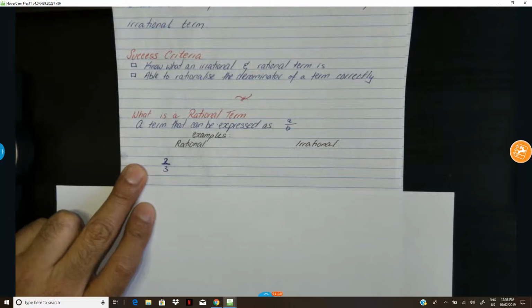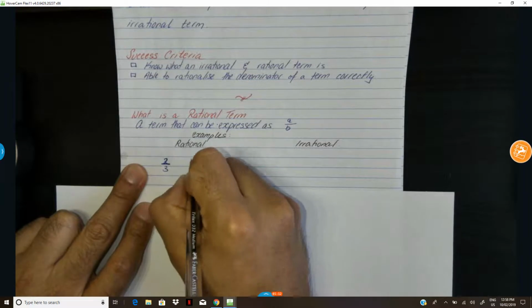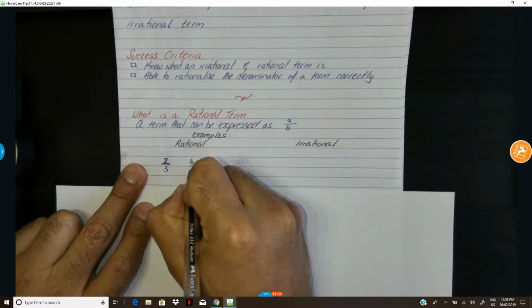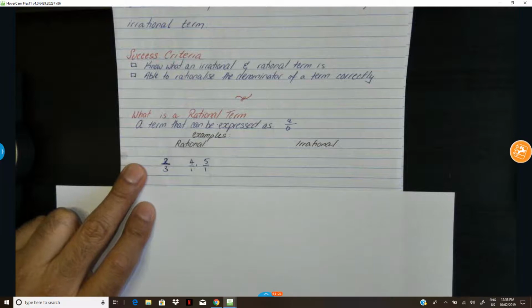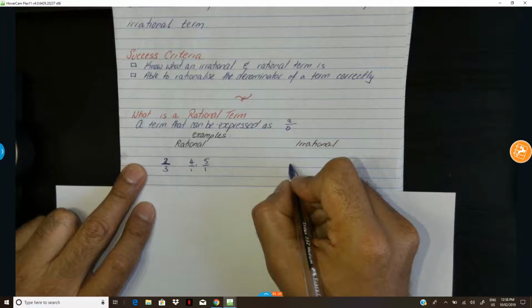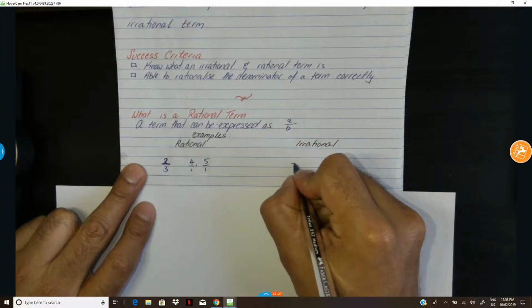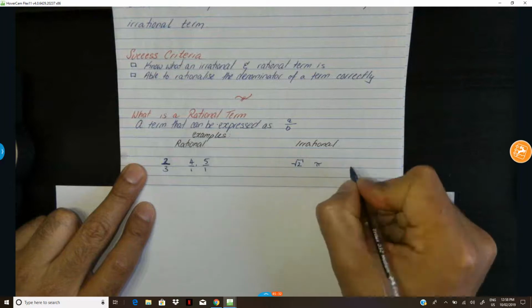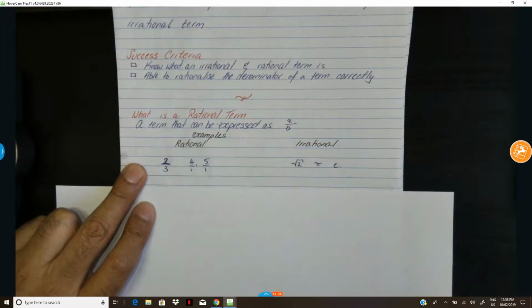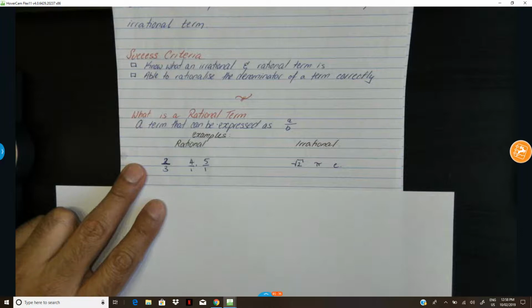We also have integers such as 4 or 5, because they can be written as 4 over 1 or 5 over 1. An irrational term is when they can't be written as a fraction. So things such as square root 2, pi or e, they're all irrational terms.